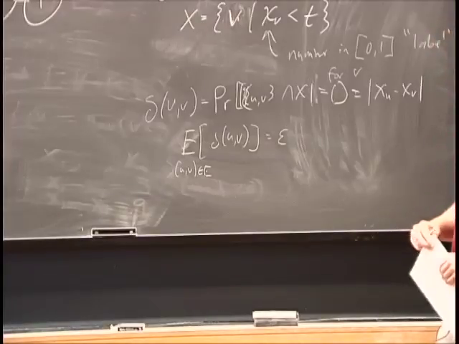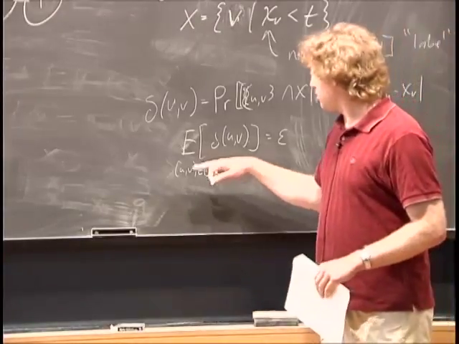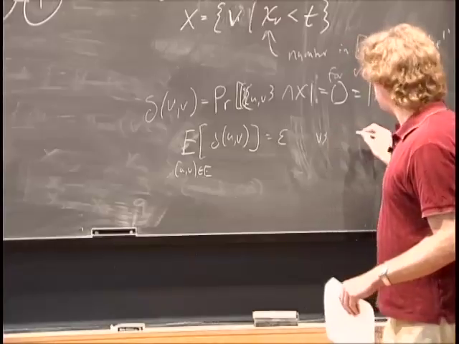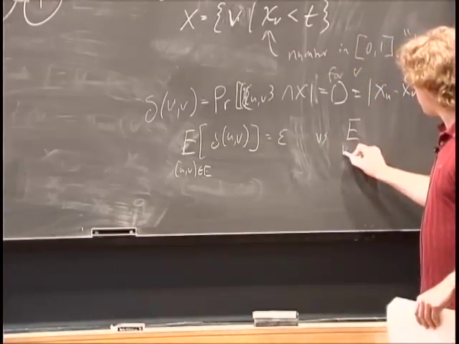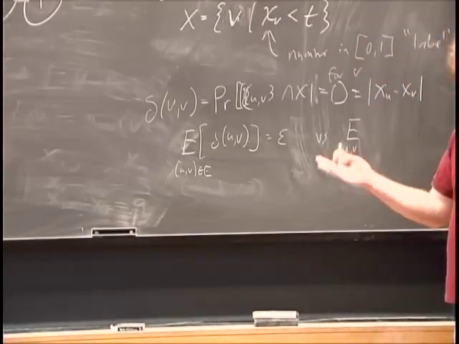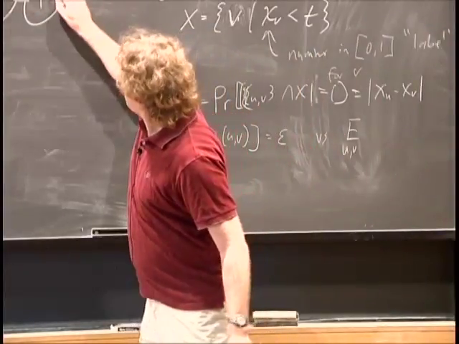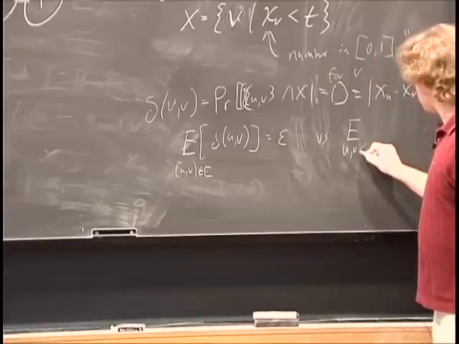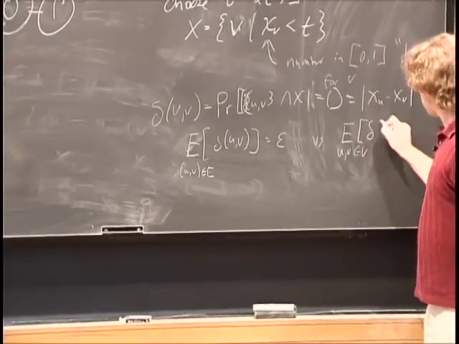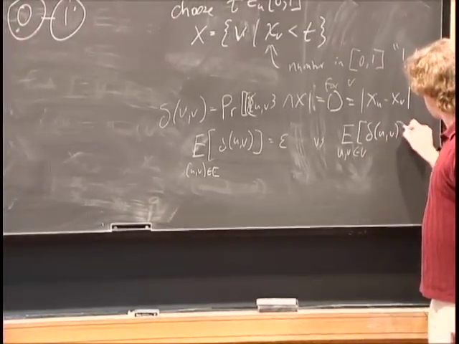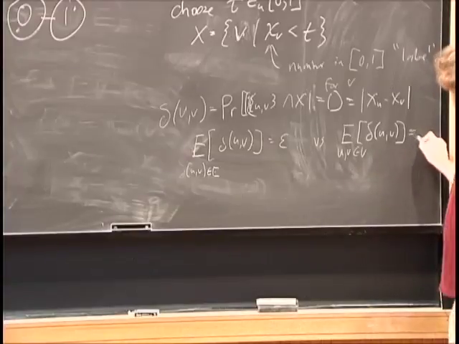And now we want to look at the expected value over arbitrary pairs of vertices, u and v, whether they're an edge or, one is here and one is here, of delta uv. And we'll call this delta.